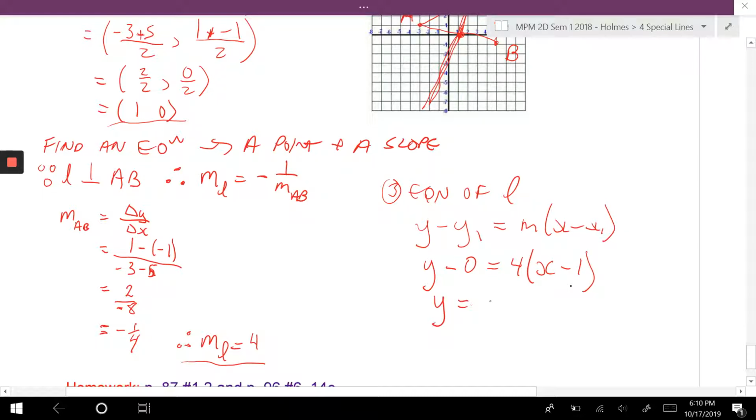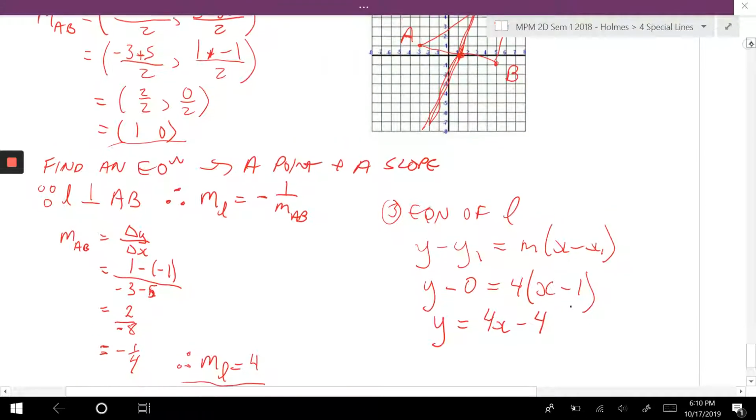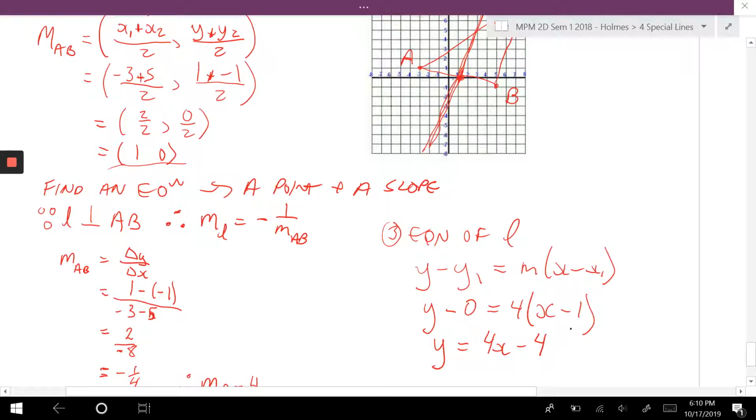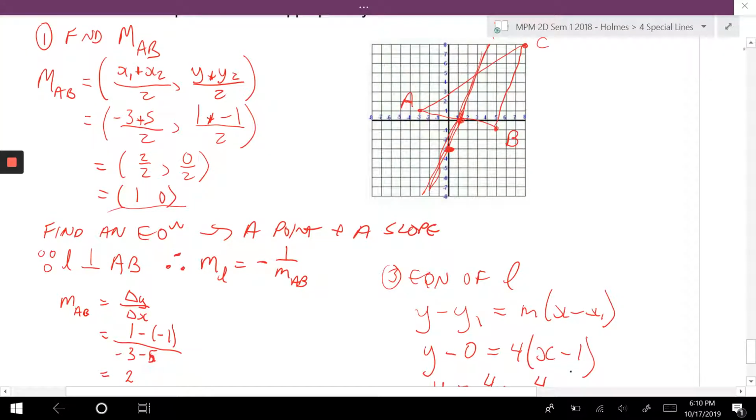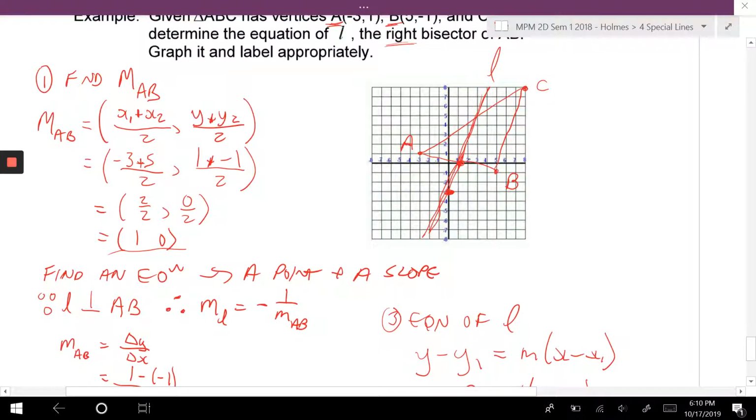That simplifies to y equals 4x minus 4, which tells me that the y-intercept is -4. And so my line has got a slope of 4 as well, so I go up 4 over 1 from my point.